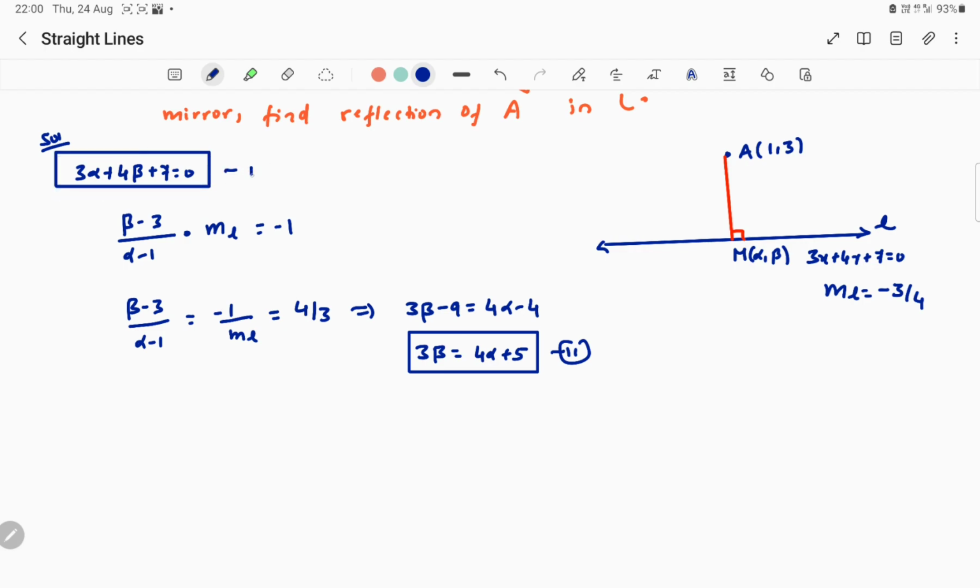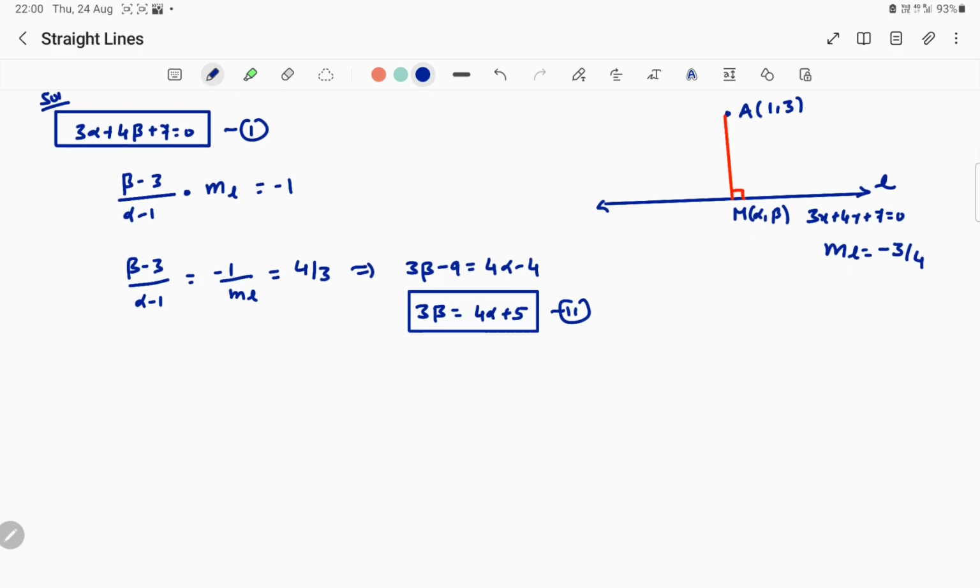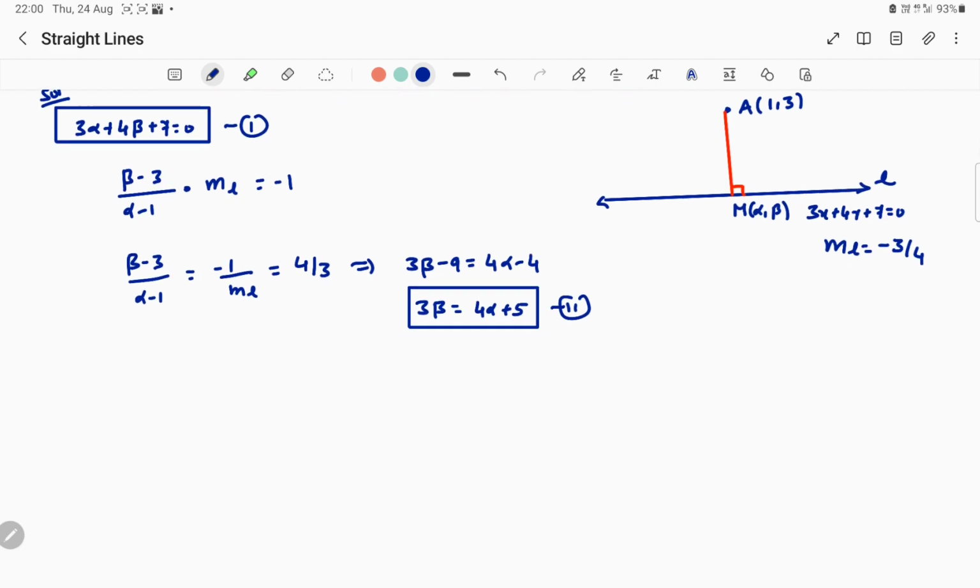In 9th and 10th you learned how to solve linear equations in two variables. Solve it. The first equation, if you multiply by 3, we get 9 alpha + 12 beta + 21 = 0. The second equation we can also write in this form, 4 alpha - 3 beta + 5 = 0.